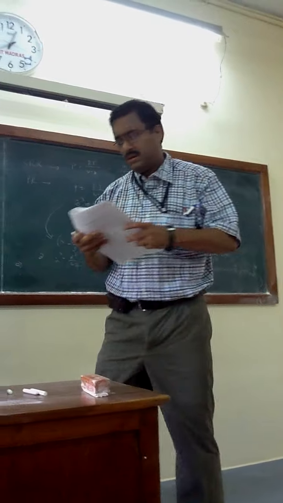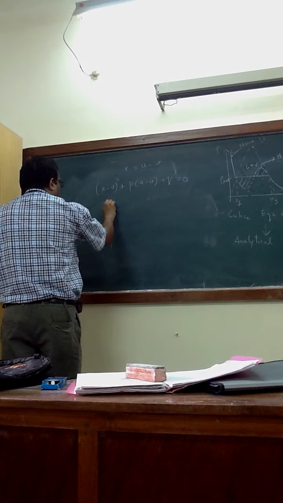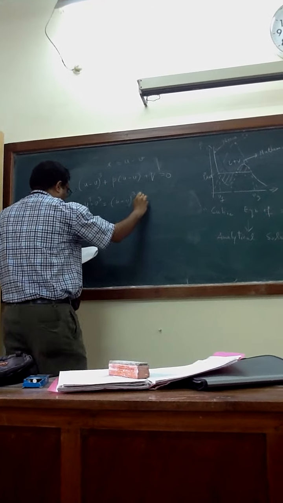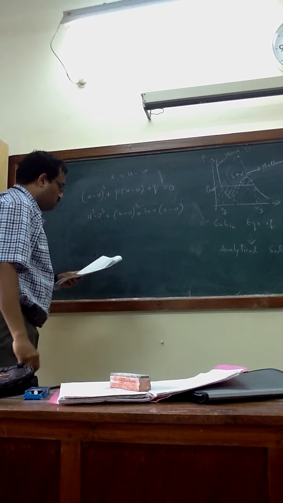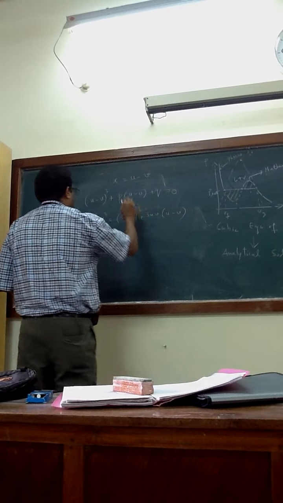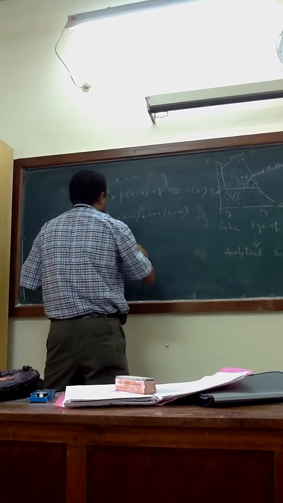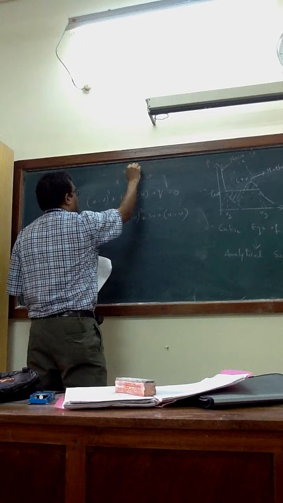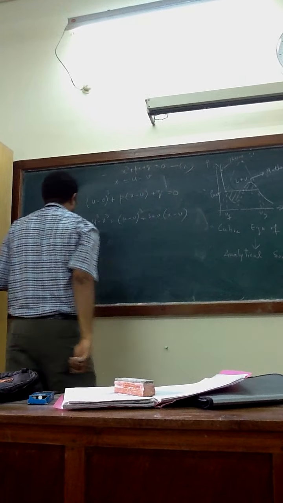Okay. And we have the formula u³ − v³, which is (u − v)³ + 3uv(u − v). So my first equation is x³ + px + q = 0.